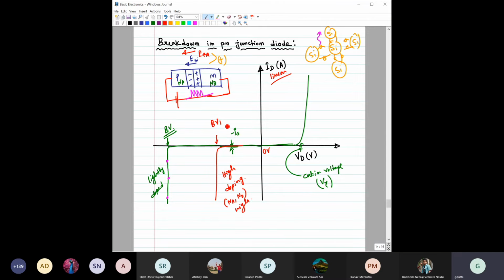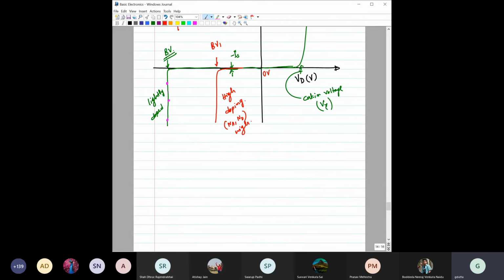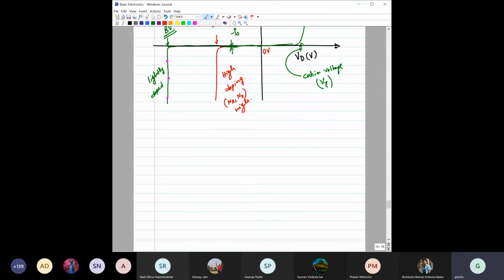Fine. So by controlling the value of NA and ND, you can control the value of breakdown voltage.